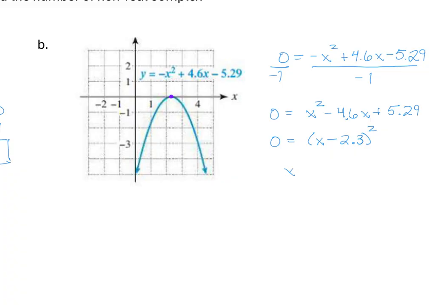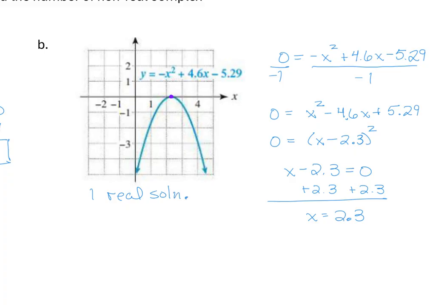You can take the square root of both sides, or you can just take one of these factors and set it equal to 0. We can add 2.3 to both sides, and we get x equals 2.3. We have one real solution. We have one x-intercept.